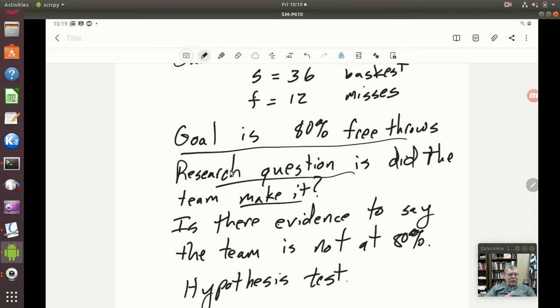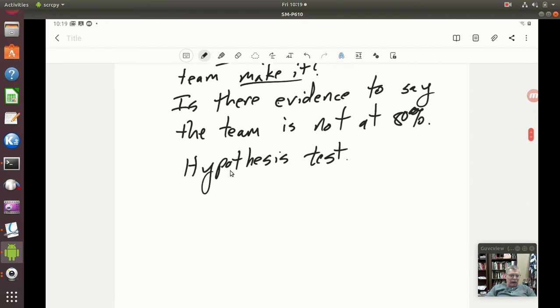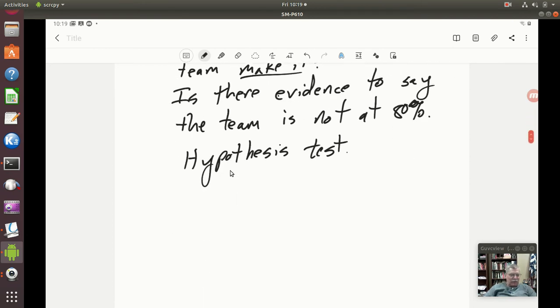Now, the team actually didn't. The data don't indicate that at face value. But the question is, statistically, could we have sampled from a population that has 80% success, sampled 48 times and gotten 75%? How likely is that?